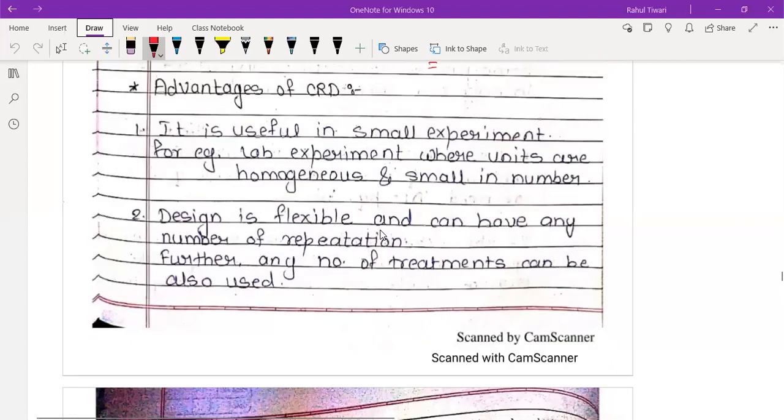What do we do? Shall we go to the problem based on the practicals so that the problem will get over? Let's see whether I have a solution of this one. CRD.